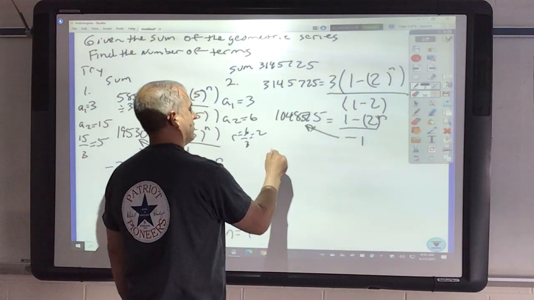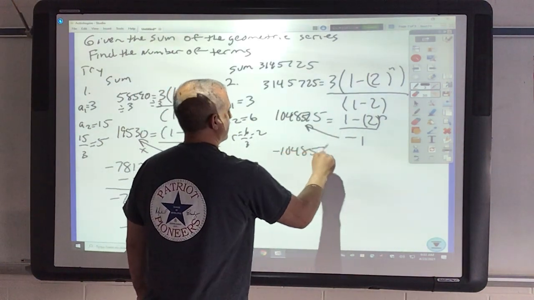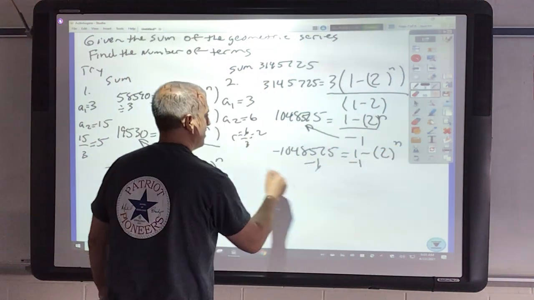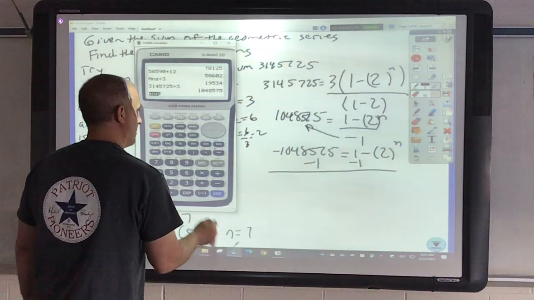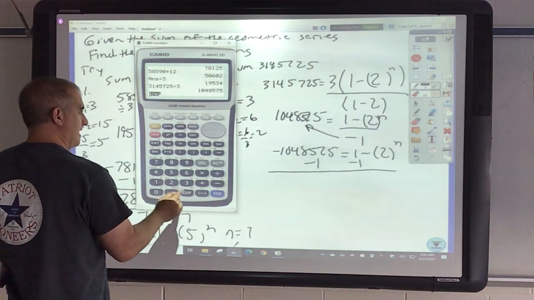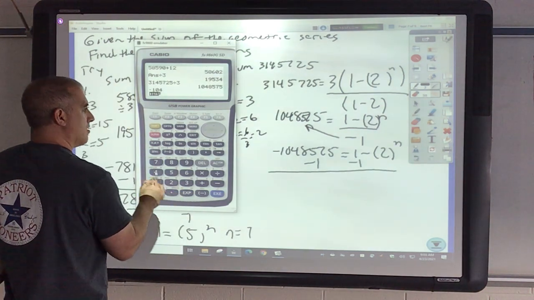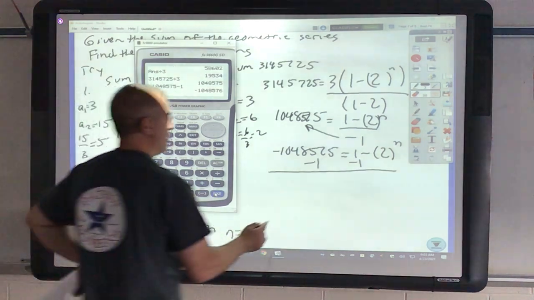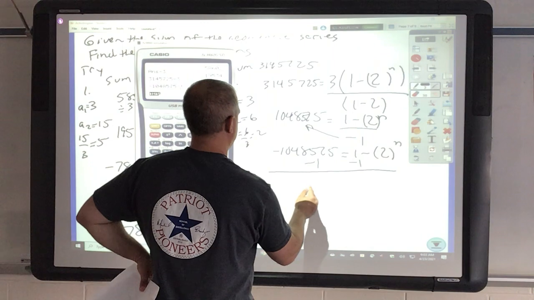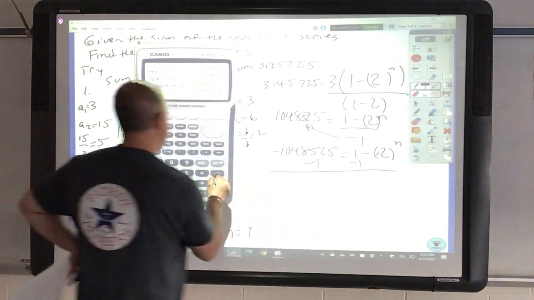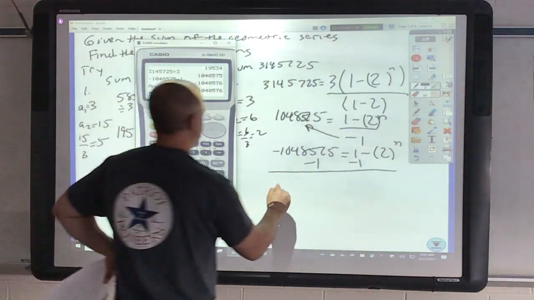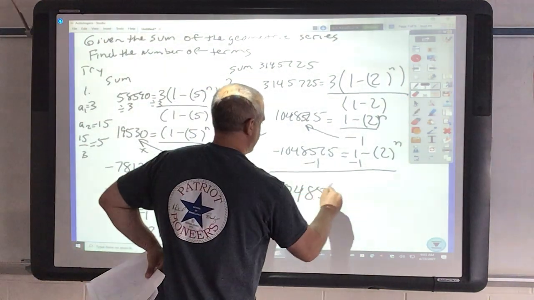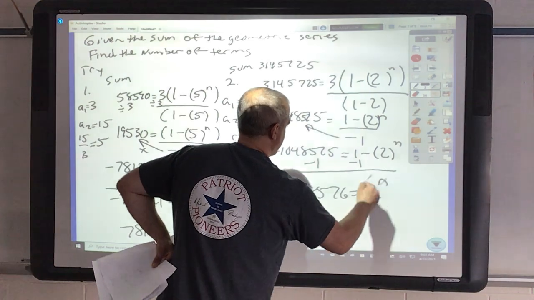Okay, I would cross multiply that, all that's going to do is keep that negative, then I would subtract a 1. Okay, all right, so I got -1048575 minus 1, okay, all right. And then, because of that, I'm going to divide by -1, so skip that step. So 1048576, 2 to the nth power.